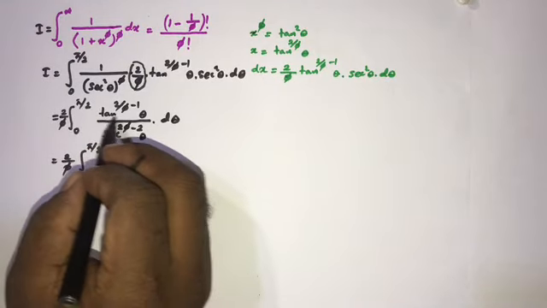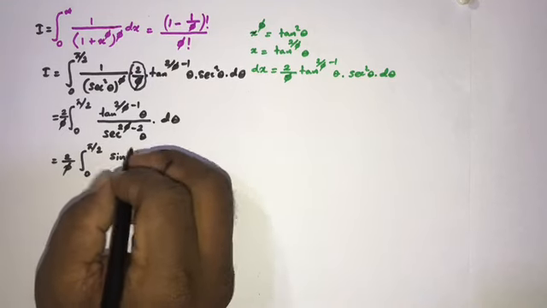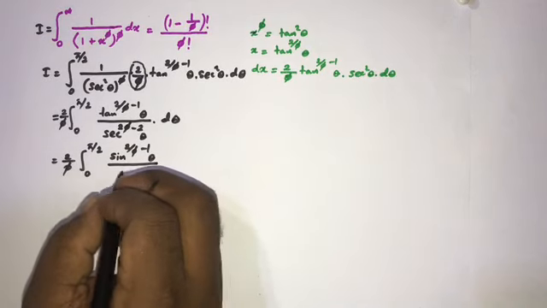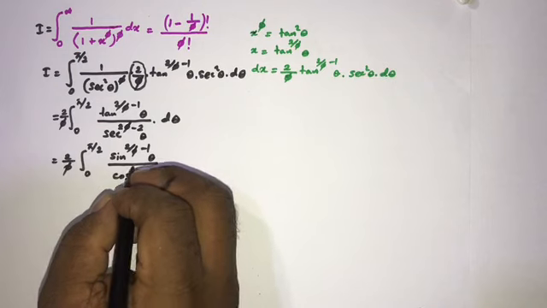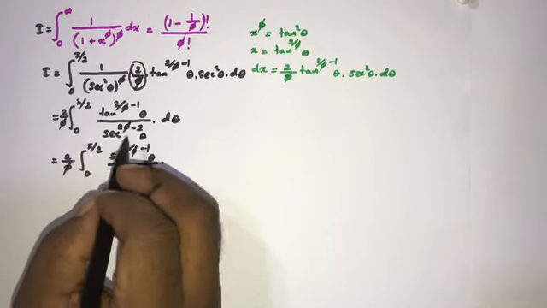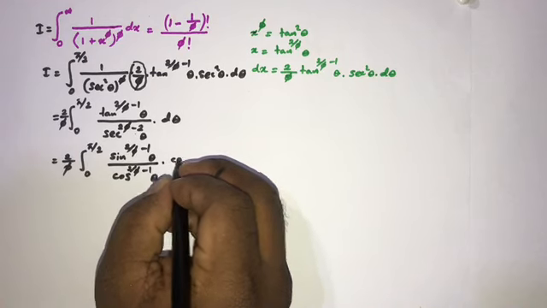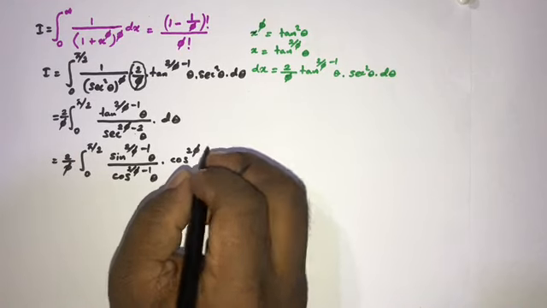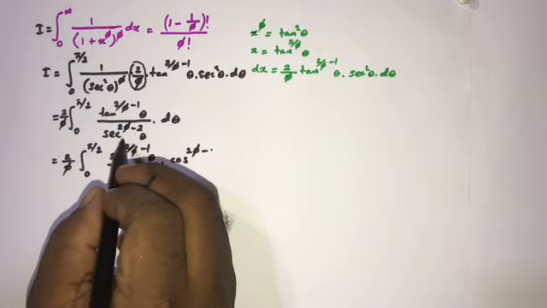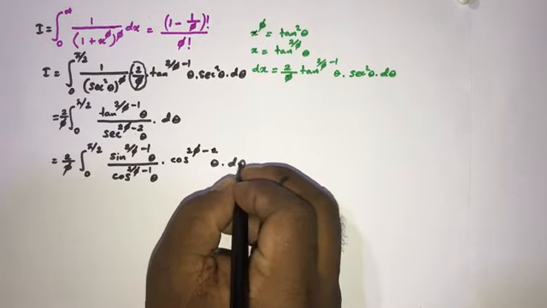Now tan is equal to sin over cos. So sin raised to the 2 over 5 minus 1 of theta over cosine raised to the 2 over 5 minus 1 of theta, and this secant we can write in the numerator, and cosine raised to the 2 times 5 minus 2 of theta d theta.